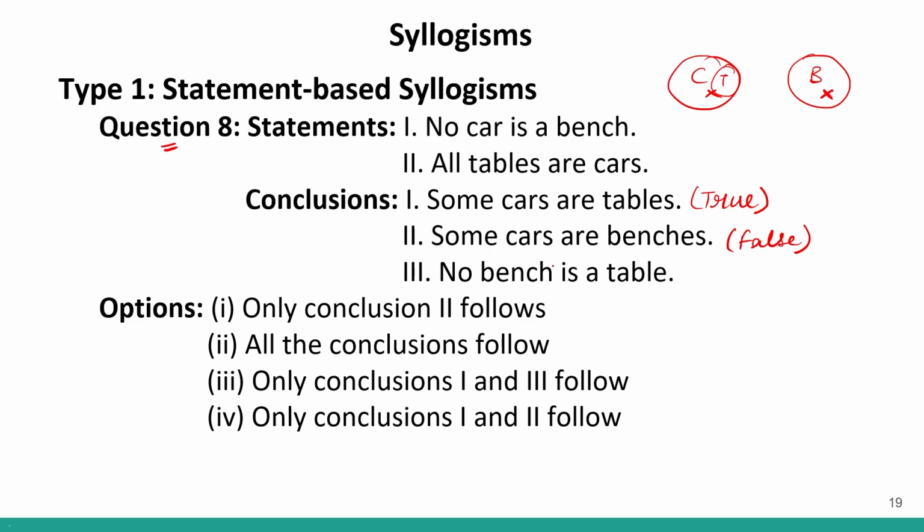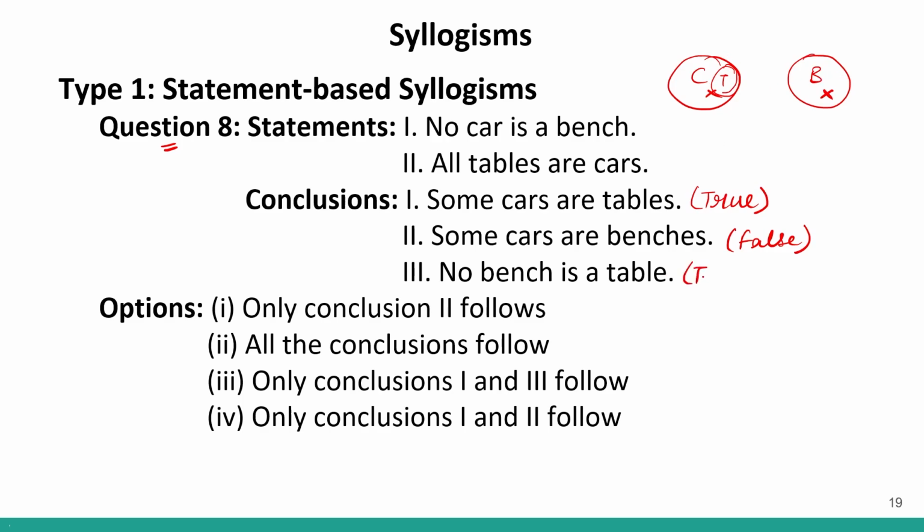Third one says no bench is a table. Now if you look, table is inside car and bench will not overlap. Car and bench will not overlap and table is inside car. That means table will not overlap with B. So no table will be a bench. Correct? No bench will also be a table because again they cannot overlap. Table and bench cannot overlap.